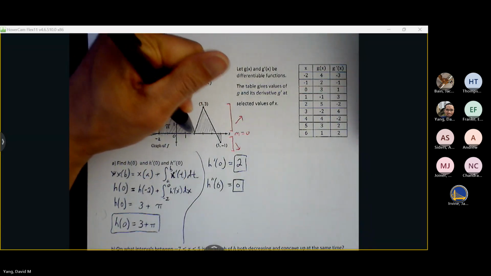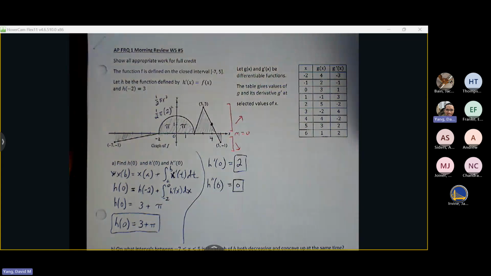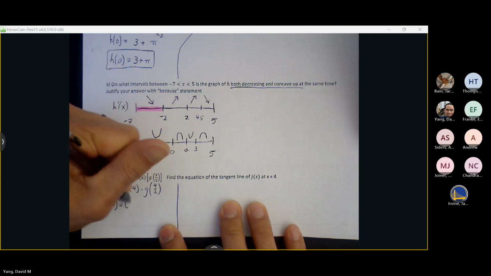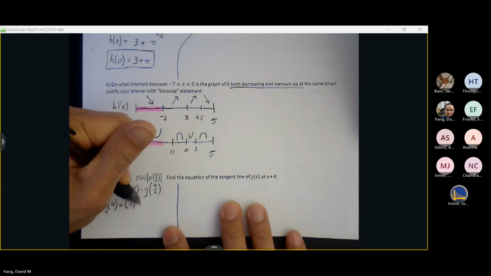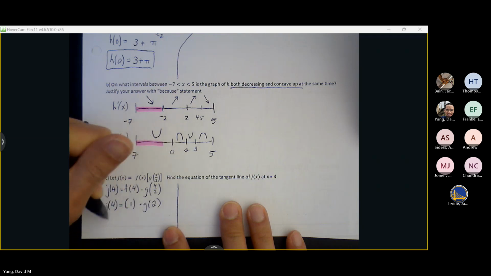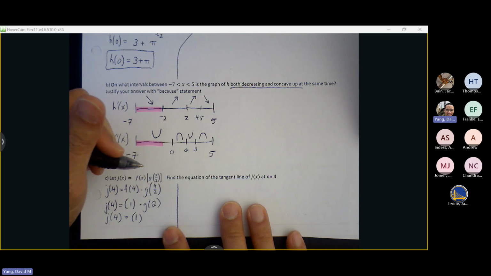So f of 4, you can pull that from our graph here. F of 4 is 1. And then g of 2, pull that from our table.